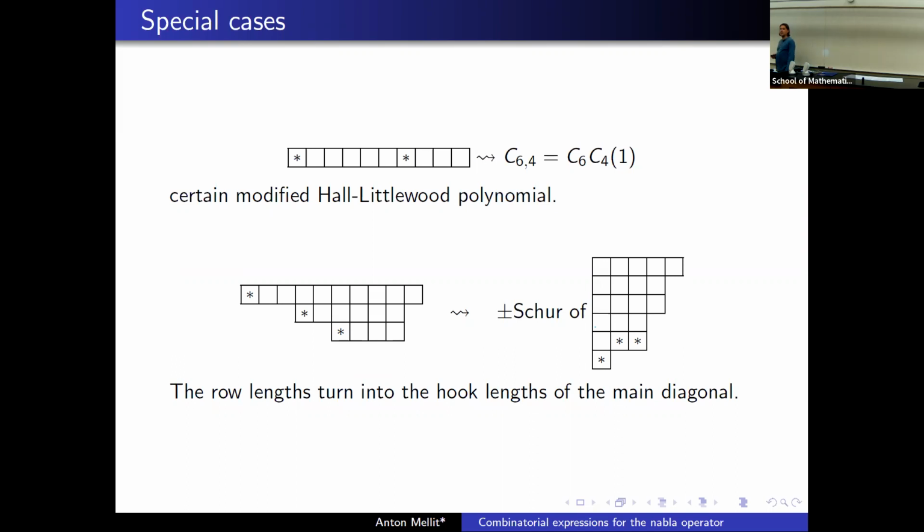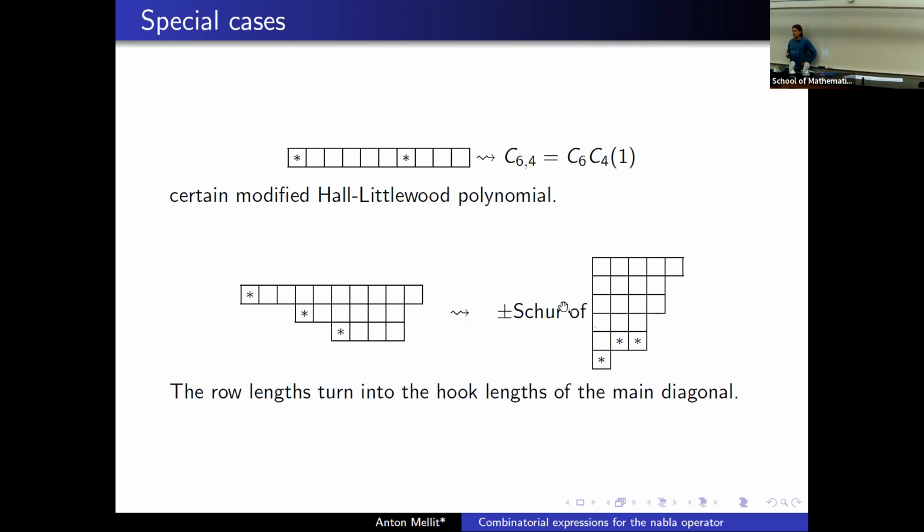get the Schur function, plus or minus Schur function, where you are supposed to take all this part with the stars. Oops. You take this part with stars and you straighten it out. You make all of this point down. So you get something like this on the right. So if you want to go backwards, you have your Young diagram, you cut it along a diagonal, and then you draw the bars to the left instead of downwards.